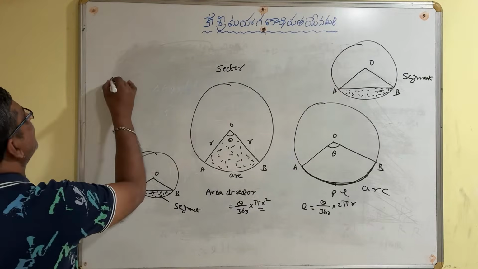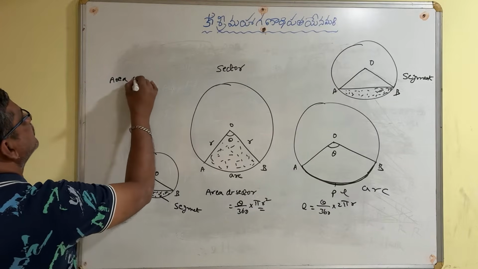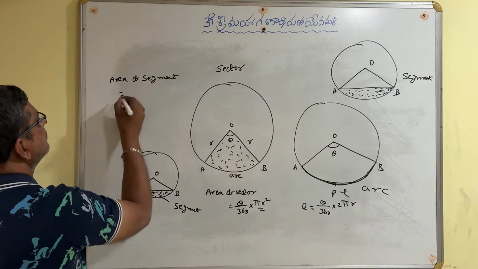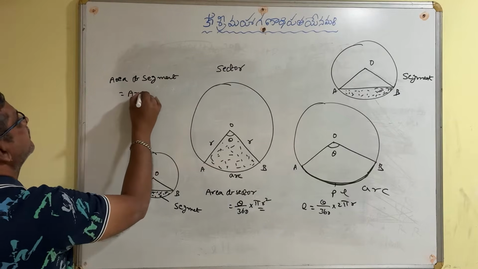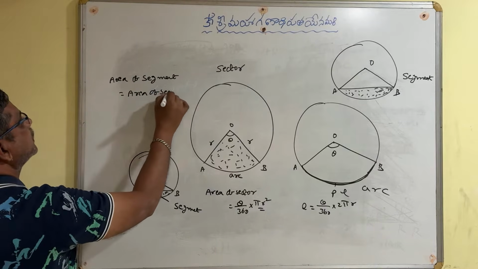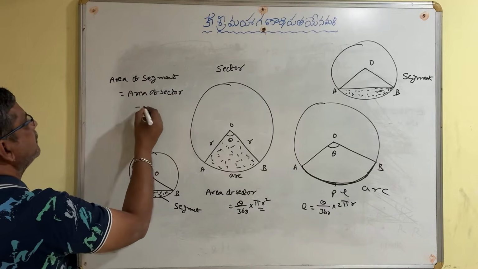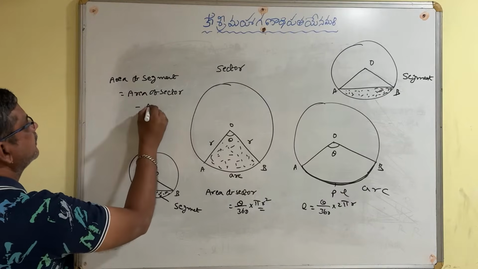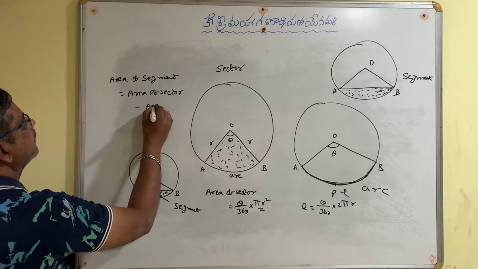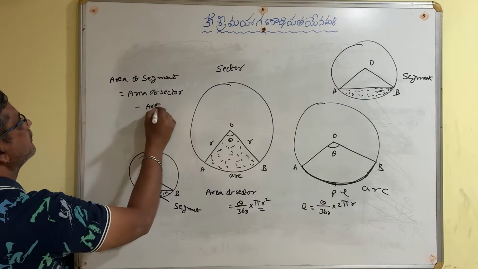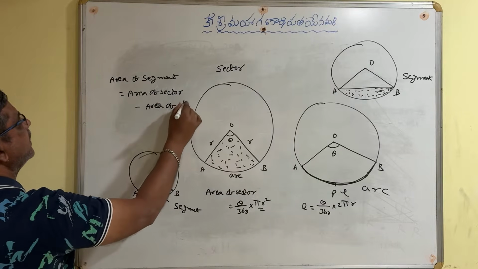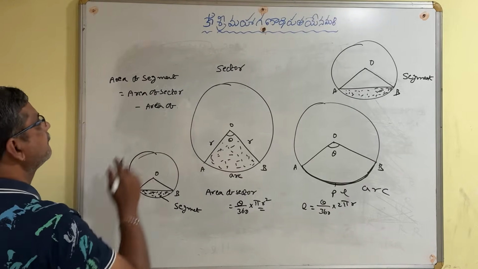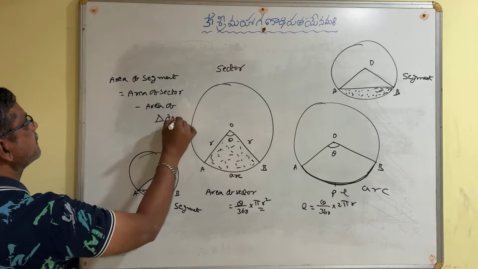Now, in order to find out the area of segment, first we need to calculate area of sector, and then from area of sector we need to take out area of triangle AOB.